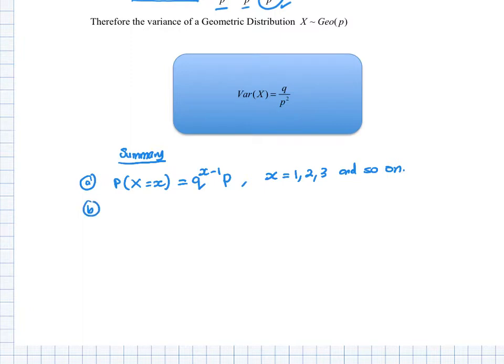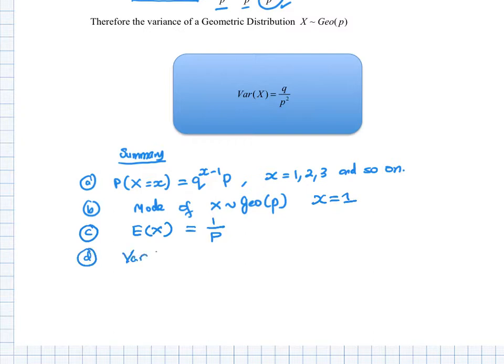Secondly, we have found that the mode of X, being a geometric distribution with probability of success p, is always x equals 1. Thirdly, the mean of a geometric is equal to 1 divided by p. And lastly, the variance of X is equal to q divided by p squared.